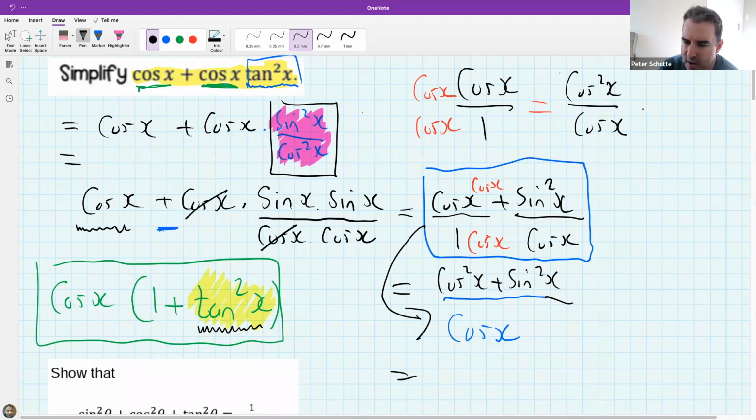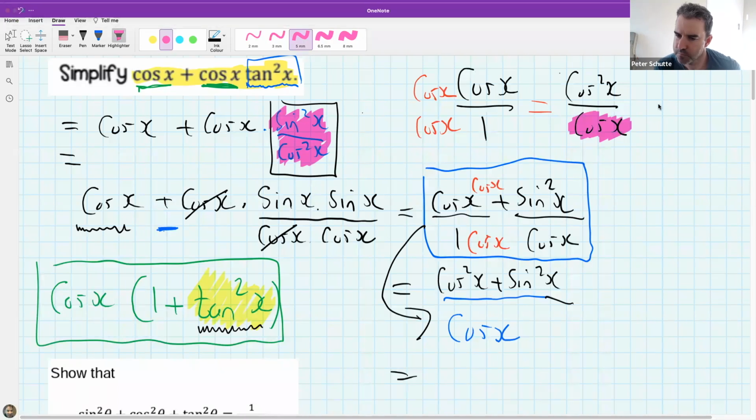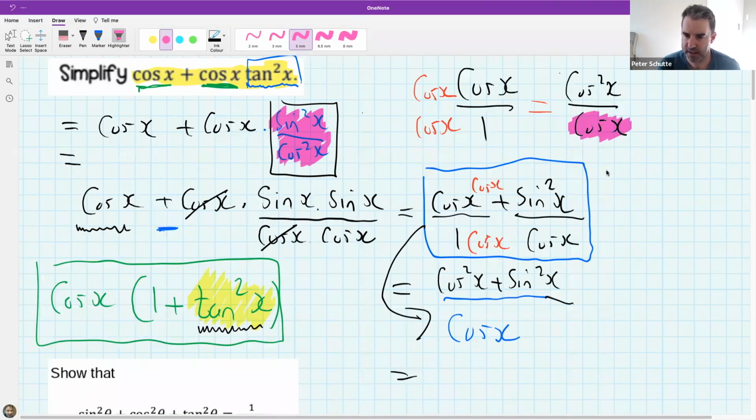Now, why would I want to have a cos x at the bottom? Why would that be useful? Does anybody have an idea? I'm going to rewrite the other term.